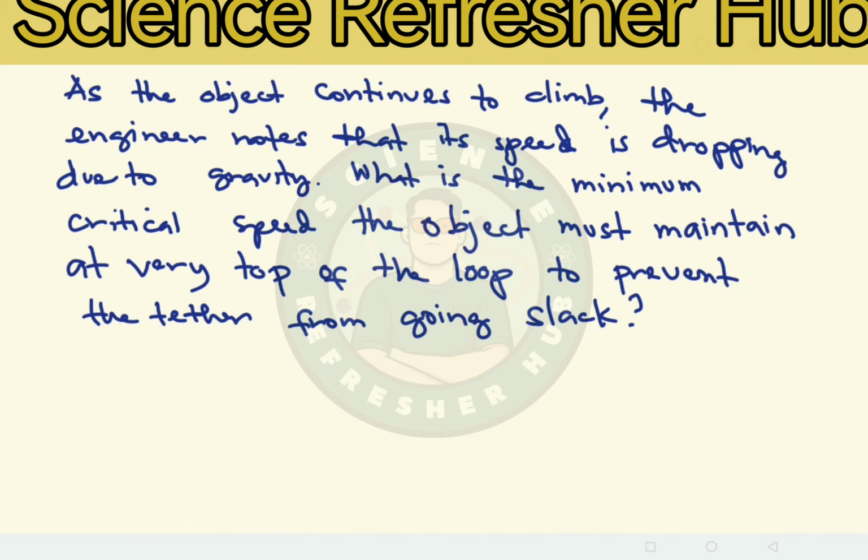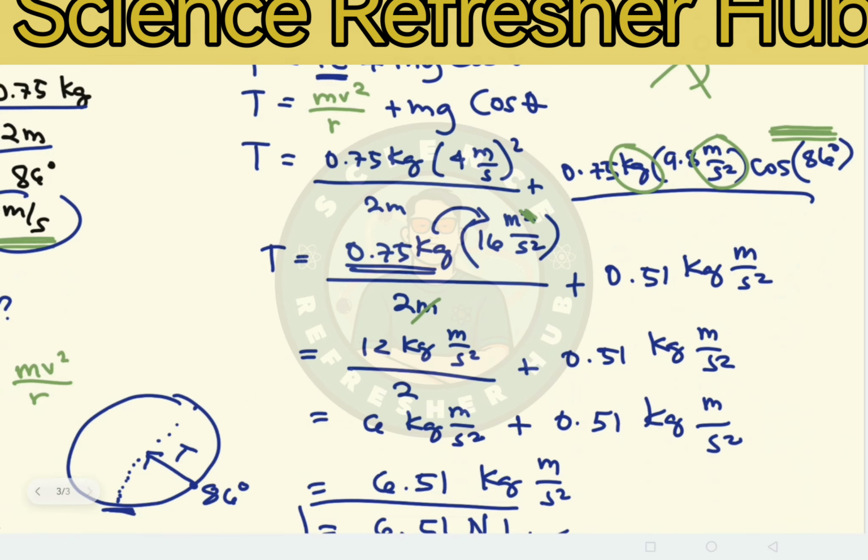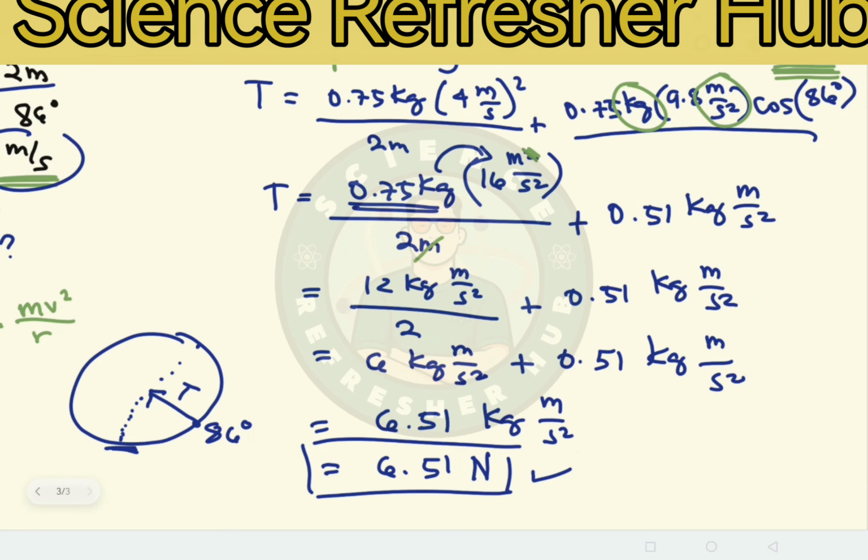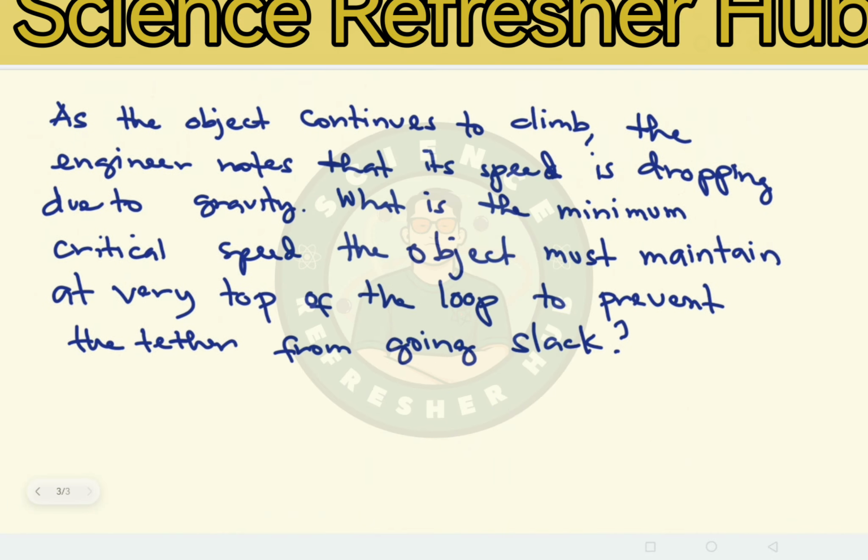Now another condition here, the continuation of our problem, the same object with 0.75 kilogram mass, and the radius of our vertical non-uniform circular motion is 2 meters. And we got the tension at 86 degrees using that certain formula, and we arrive that our tension force is 6.51 newtons.